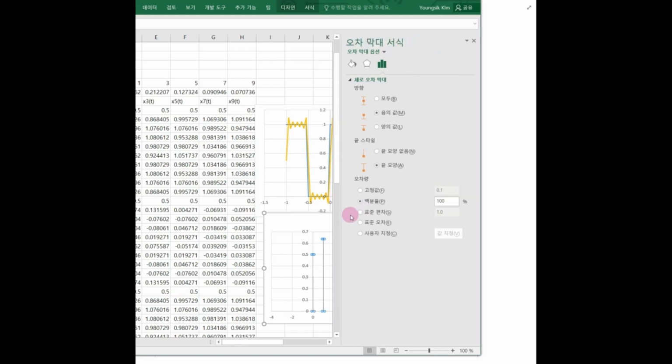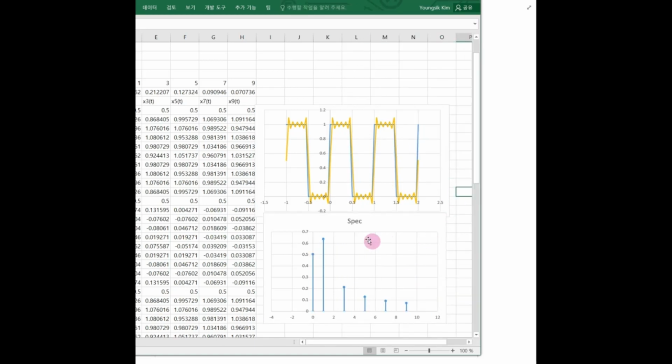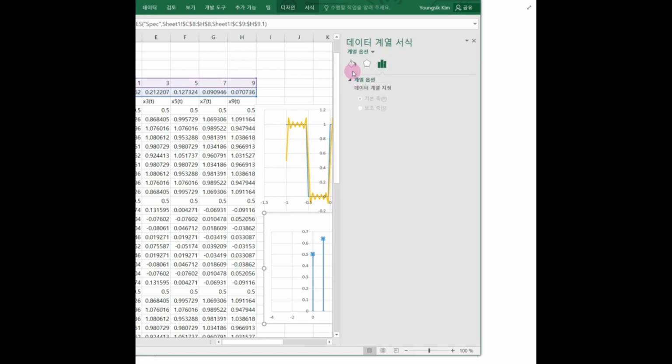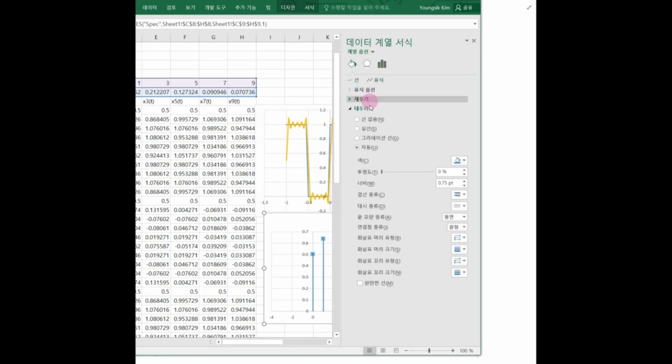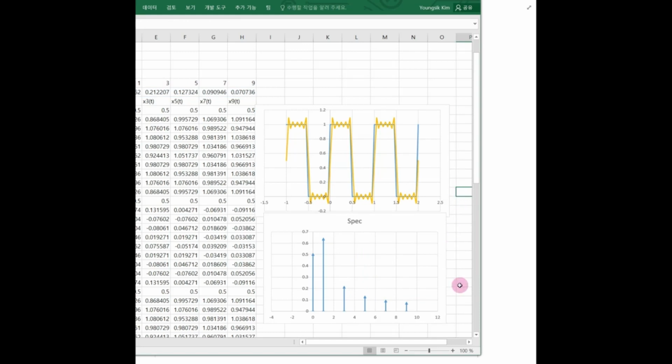I need to take only the negative part and the color, and it will be about 2, and I'd like to replace the marker, taking triangular. Okay, I plotted this one.